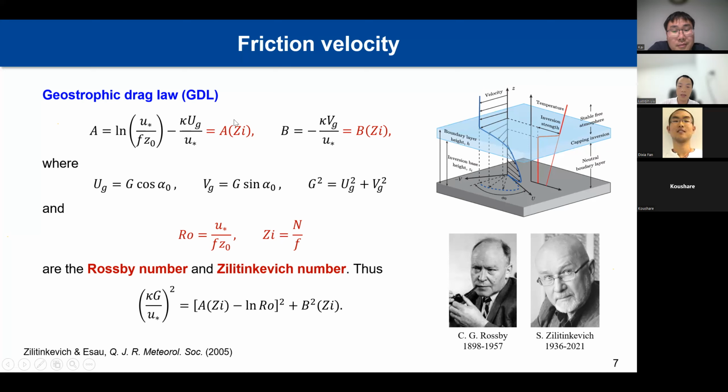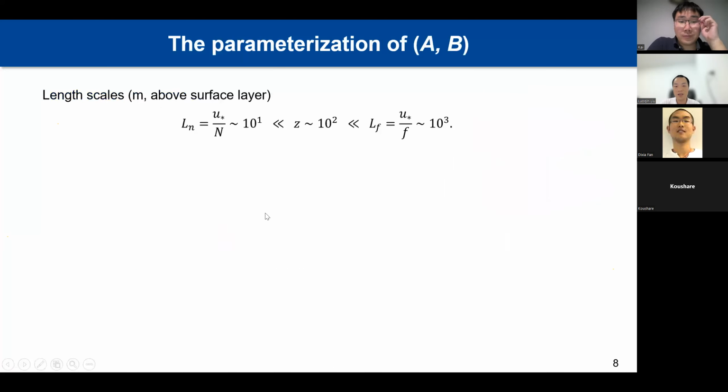So in this case, A and B are not constants anymore, but functions of it. If we know the values of A and B, then we can use this equation to determine the friction velocity. So how can we determine the values of A and B?